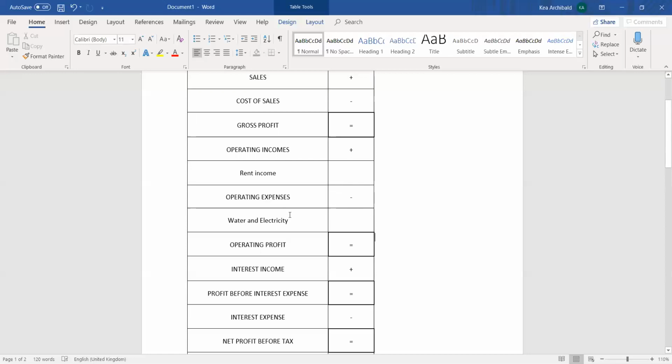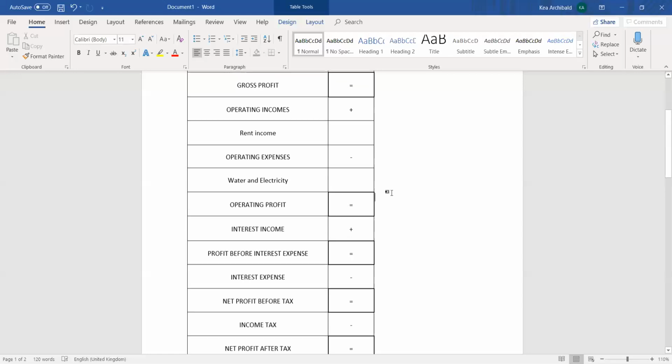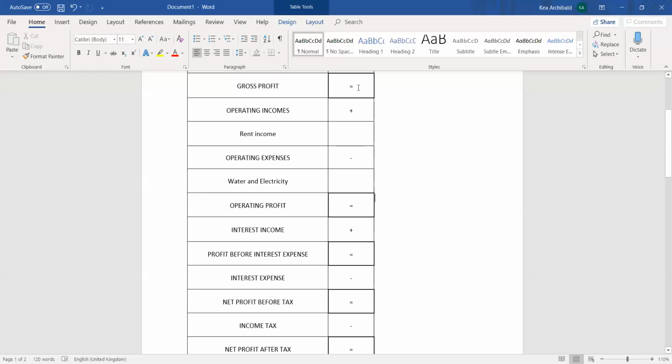Examples of operating expenses that are more relevant and new to companies are directors' fees and audit fees, which we will get to later. We then take our gross profit, we add operating incomes, we minus operating expenses, and we get an amount which becomes our operating profit.